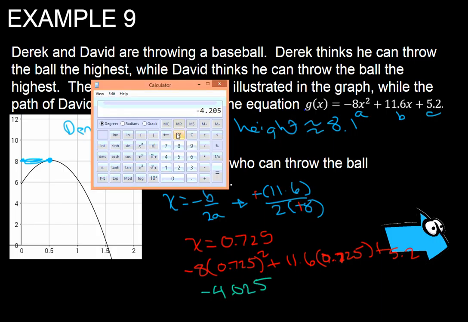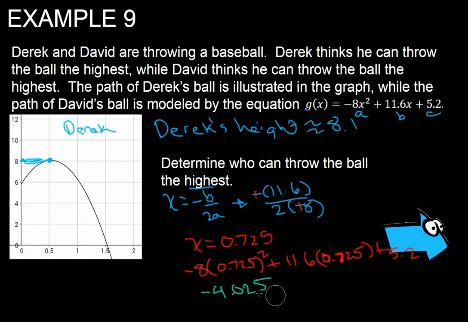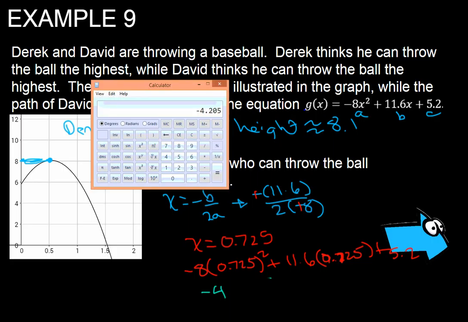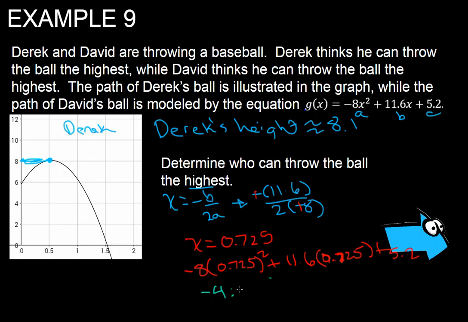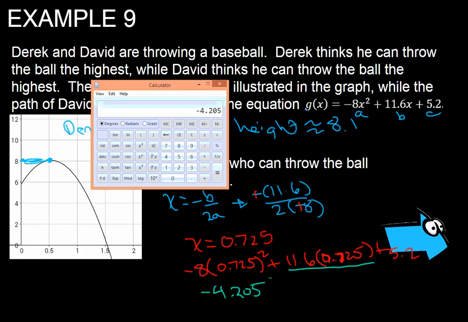Okay, now, oops, made that mistake there. It's actually negative 4.205. So now we're going to multiply 11.6 times 0.725, and we get 8.41.